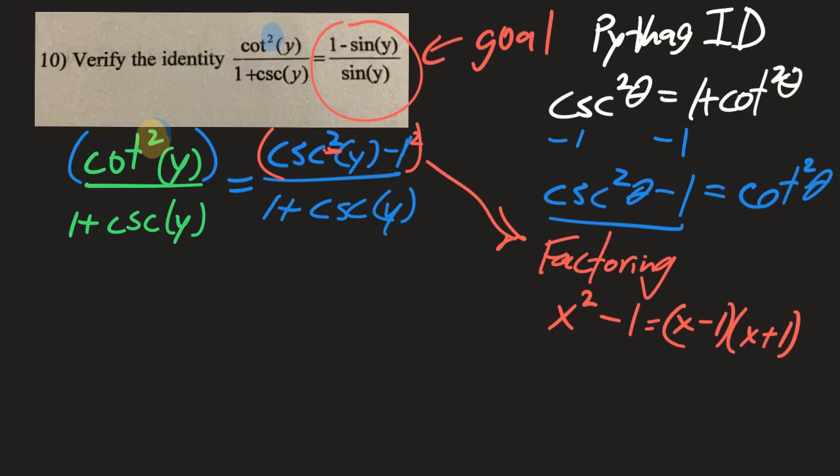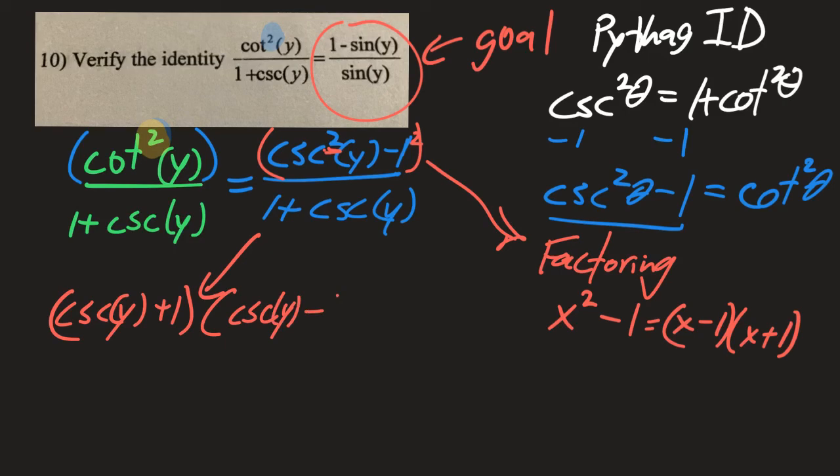Okay, so that is breaking down, and now I've got this cosecant y plus 1, and that's going to be times cosecant y minus 1. Divide that by 1 plus cosecant y.